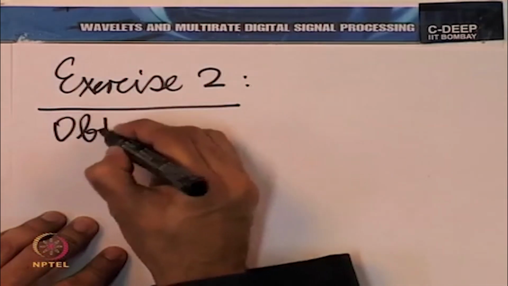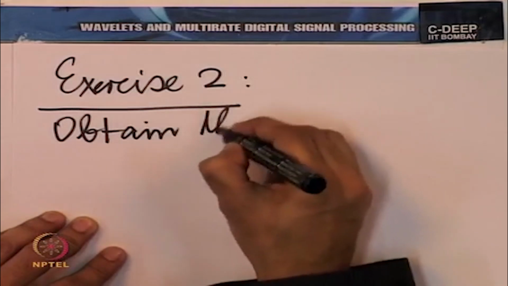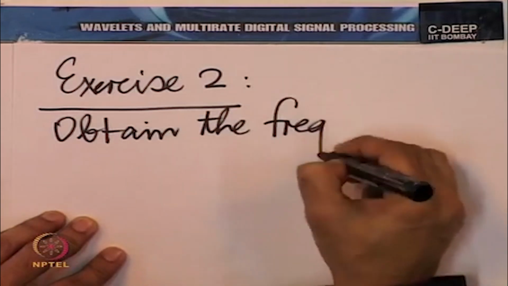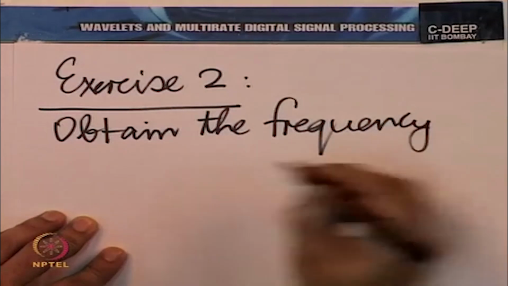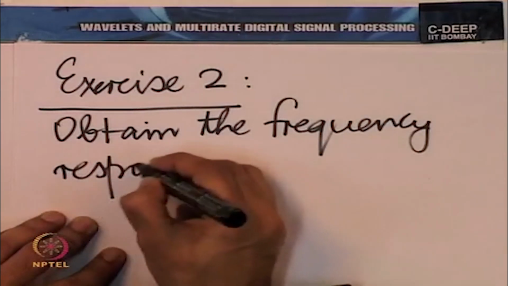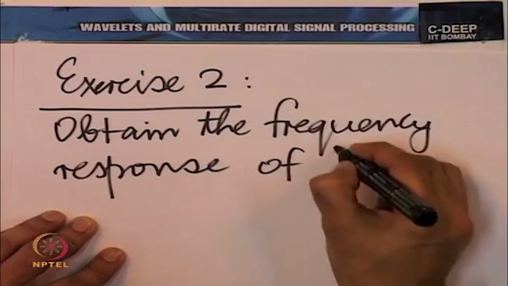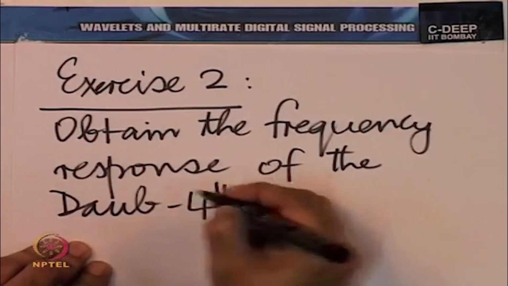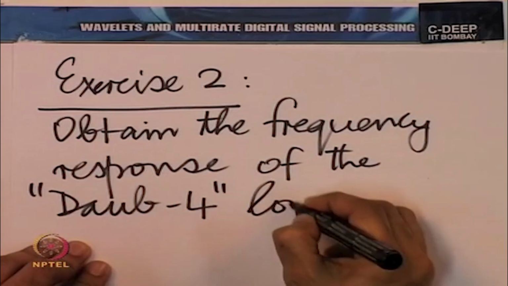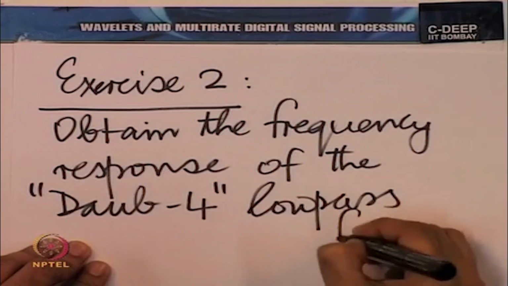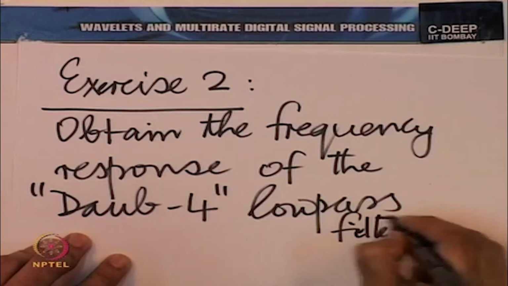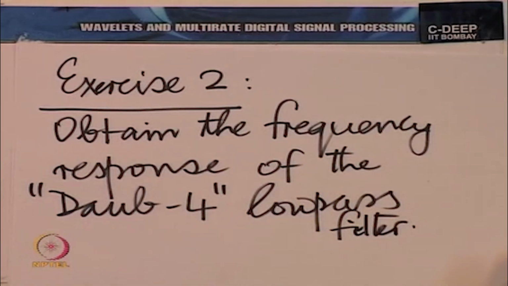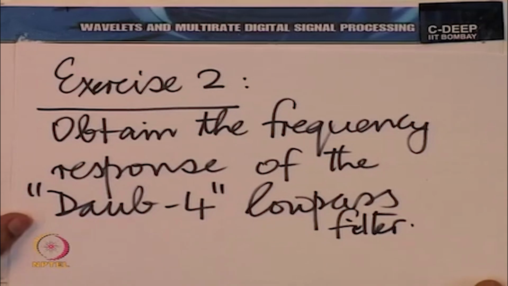The second exercise which I would like to ask the class to do is the following. Obtain the frequency response of the Daub 4 low pass filter. And of course, therefore, also of the high pass.